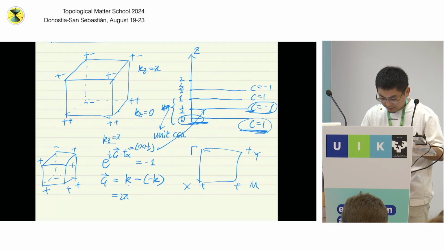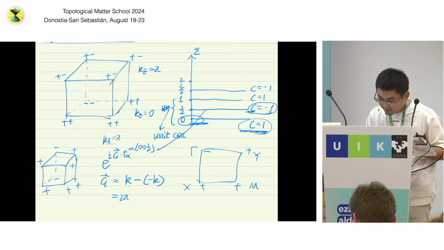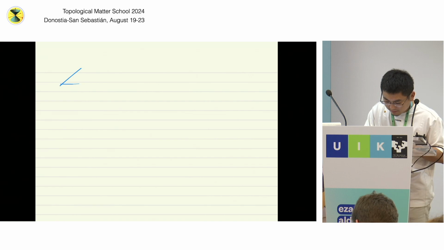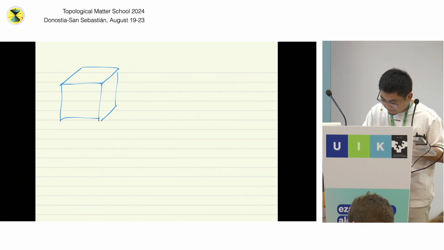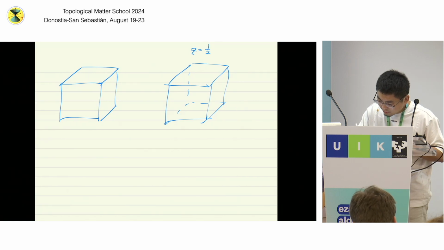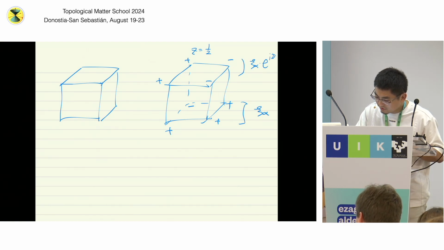And so considering this additional phase factor, we can have parities like this. These parities are just the original ones, and these parities are given by the original ones times this additional phase factor.